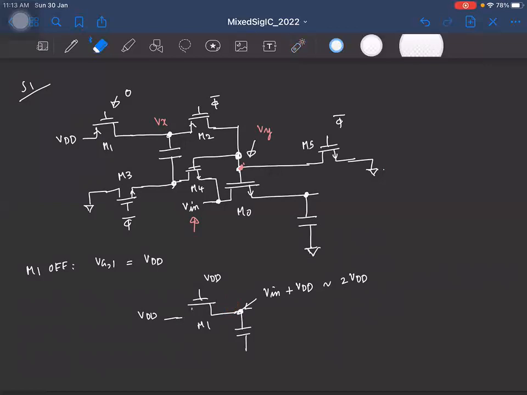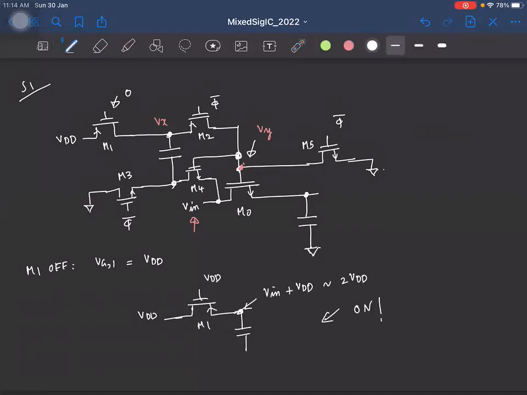Okay, so let me turn the arrow this way. And we can see that the source to gate voltage is equal to VDD, and so this transistor will start conducting. Okay, so when we try to turn the switch off by applying a voltage VDD, it doesn't turn off, but instead it starts to turn on. Okay, so that's a problem, right?